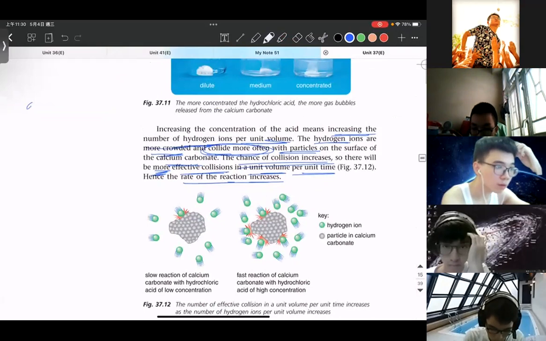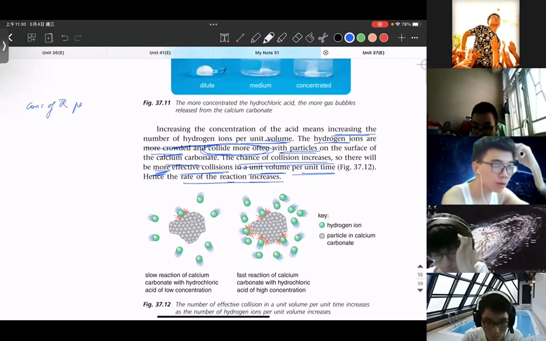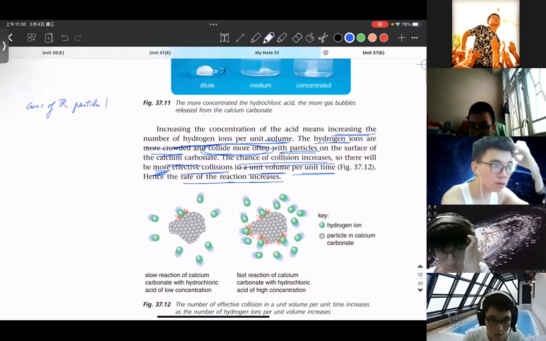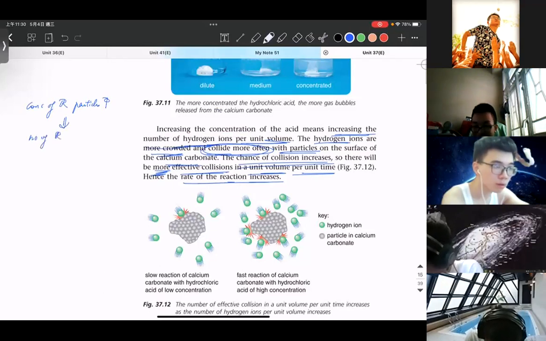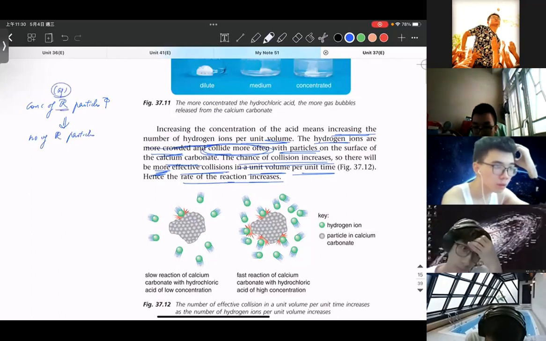Concentration of reactant particles increases, that would affect the number of reactant particles. Now, reactant refers to aqueous; remember, for solid, there is no such concept.